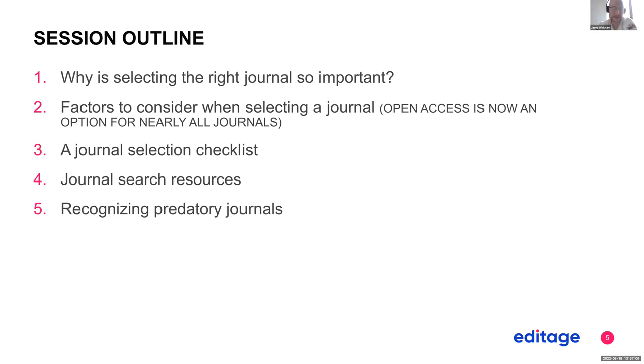Basically, what distinguishes a predatory journal from a normal journal is that they will offer very rapid publication without much peer review, if any, and then charge you very high article processing charges. So they're just in it to make money. And finally, I'll go over a checklist for a complete submission to a journal.